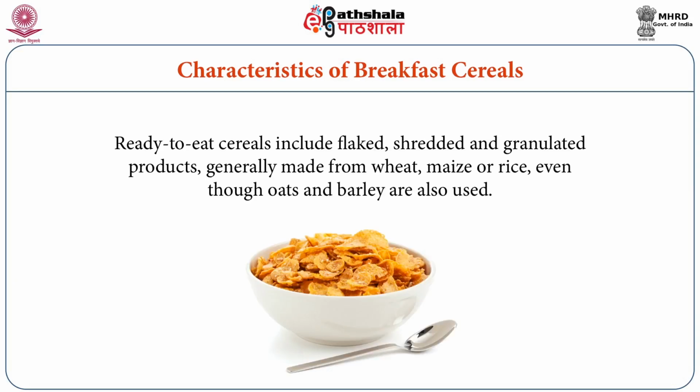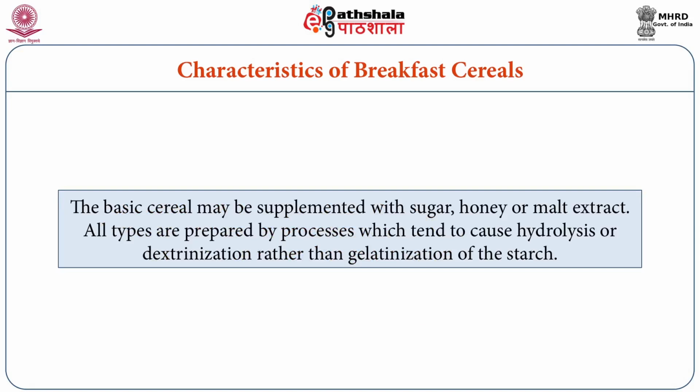Ready to eat cereals include flaked, shredded and granulated products, generally made from wheat, maize or rice, even though oats and barley are also used. The basic cereal may be supplemented with sugar, honey or malt extract. All types are prepared by processes which tend to cause hydrolysis or dextrinization rather than gelatinization of the starch.